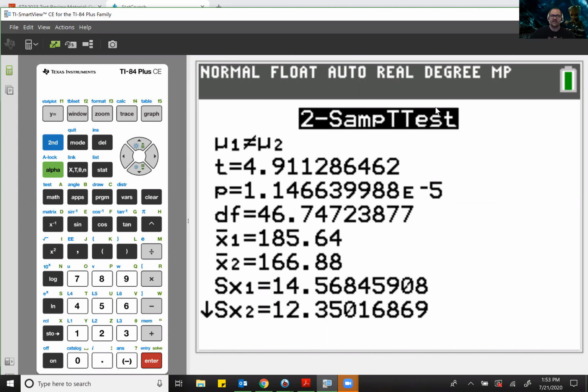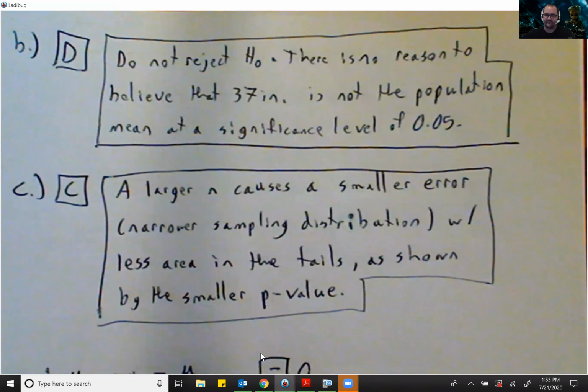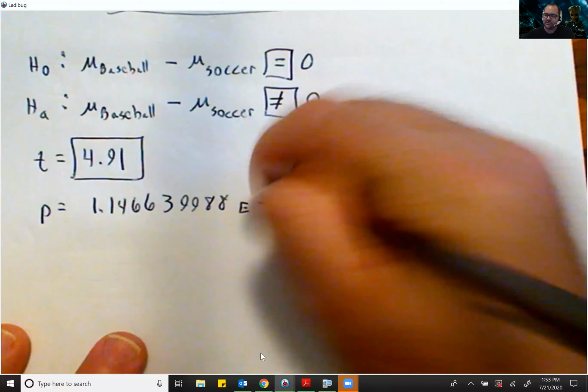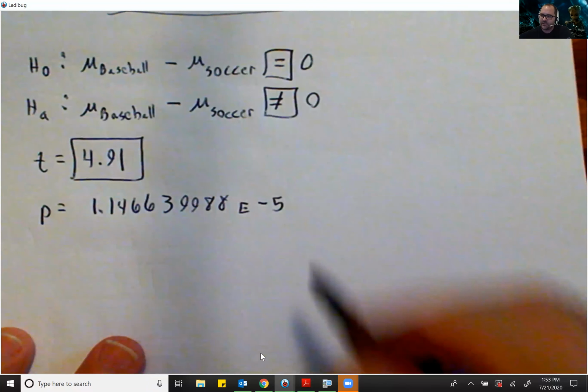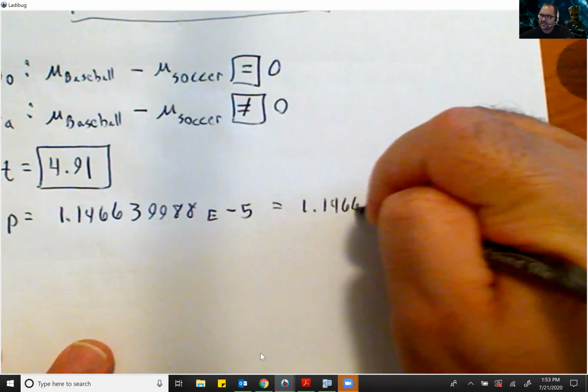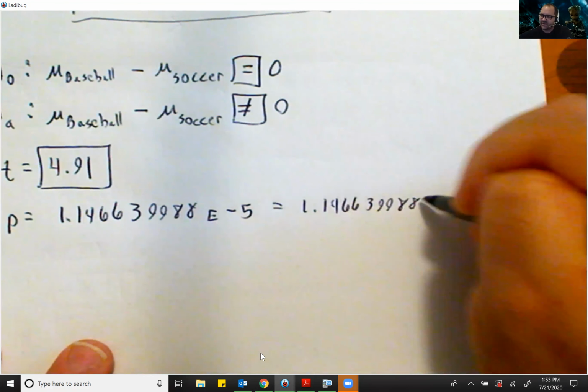1.146639988 e to the negative 5. Okay, so let's talk about what that e to the negative 5 means. If you don't remember, e to the negative 5 is scientific notation, which means that this is really 1.146639988 times 10 to the negative 5.